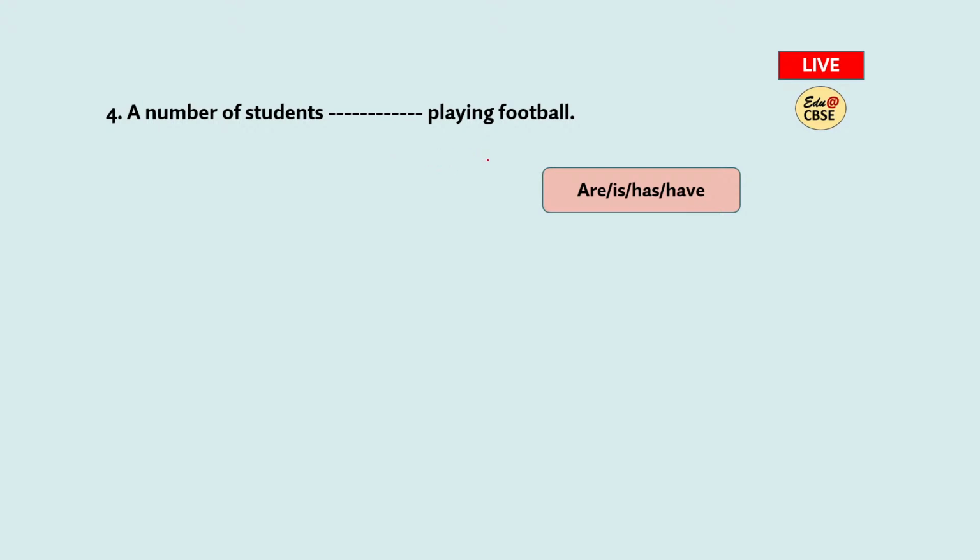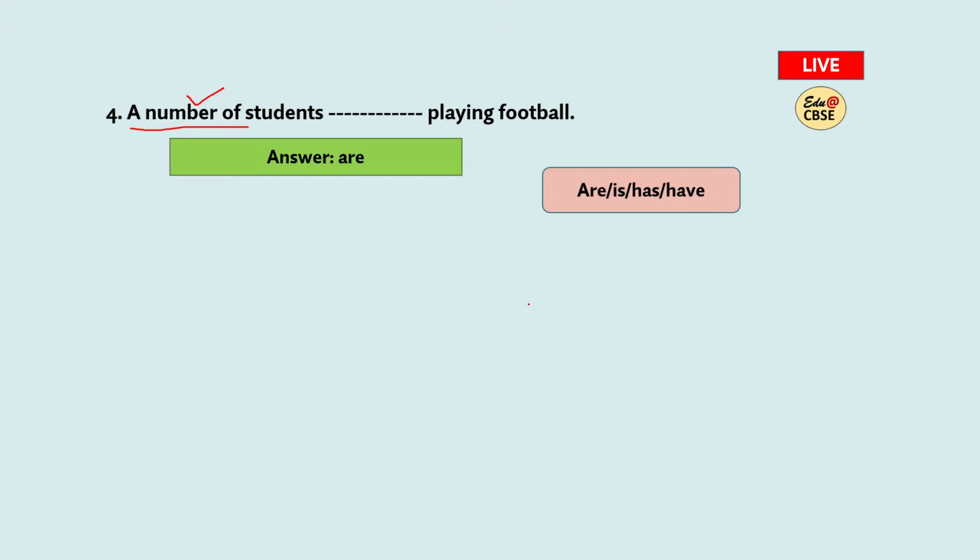Let's see what is the correct answer. It is are. जब a number of आ जाए, that means they are more than one. In case it is a lot of, a number of, or all of, इसका मतलब है एक से ज़्यादा. So obviously it becomes plural. So a number of students are playing football.